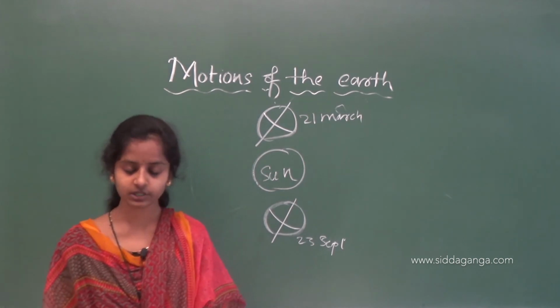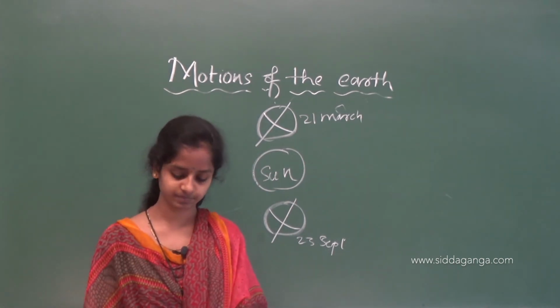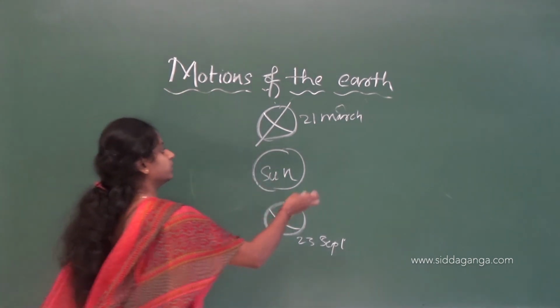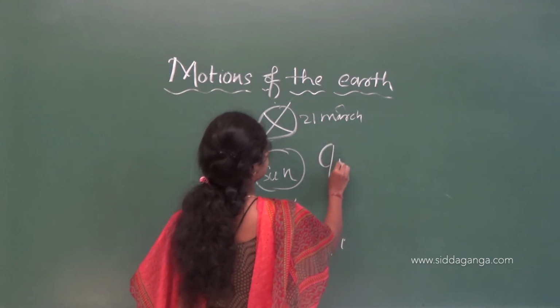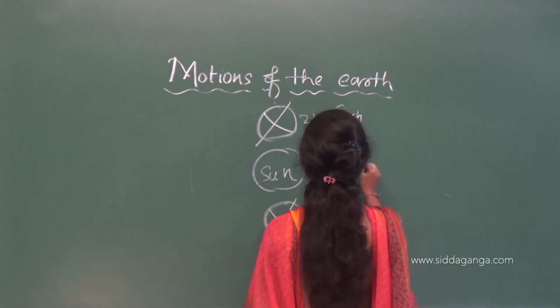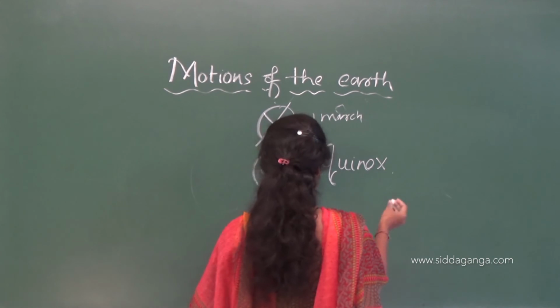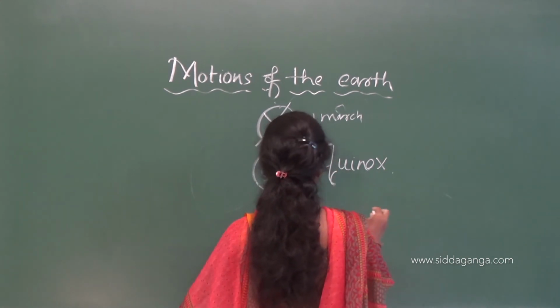That is, we call it an equinox. These equal nights and equal days, we call an equinox.